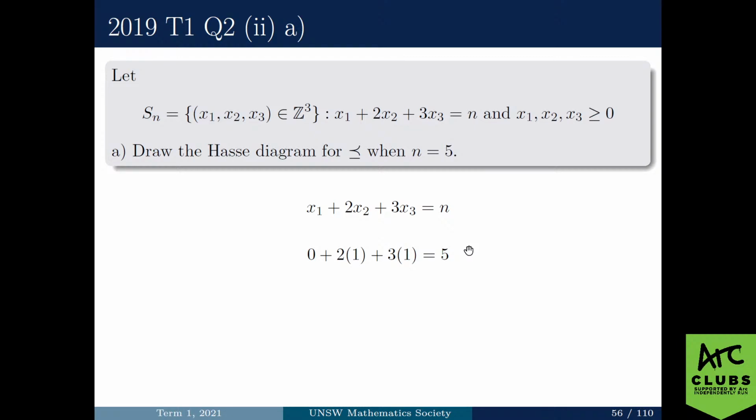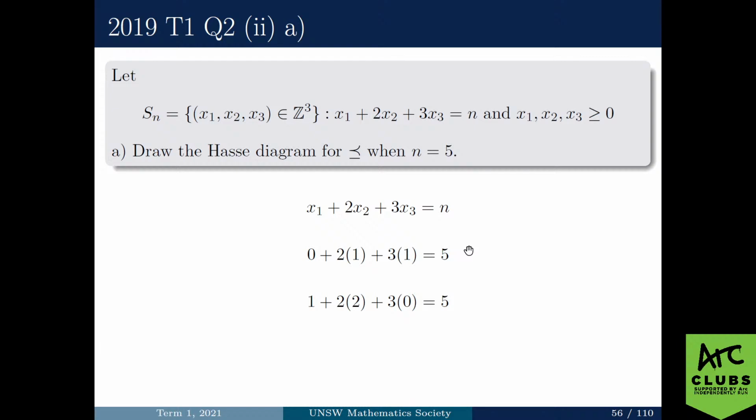Now, if we move x2 from 1 to 2, we get 2 times 2, which is 4. And there's no way we can get another 1 from 3 times x3. Okay? So that means we have to move on to when x1 equals 1. Over here, there's also only one solution.